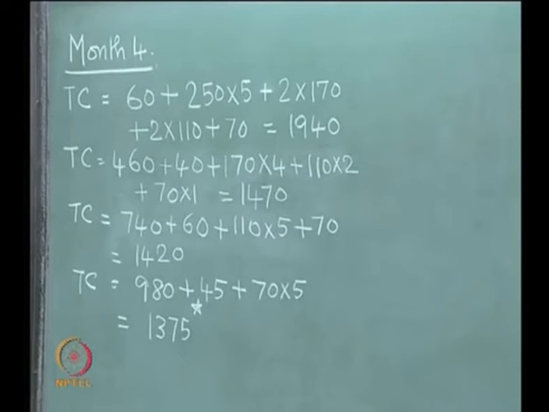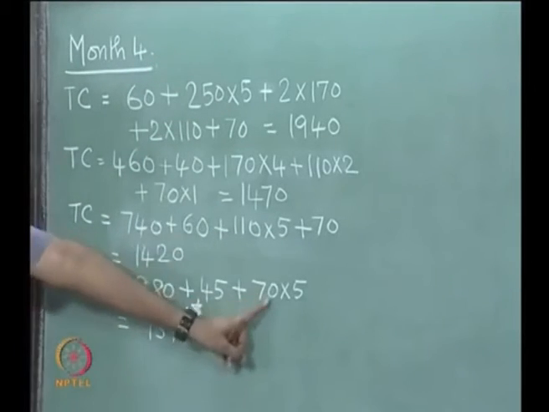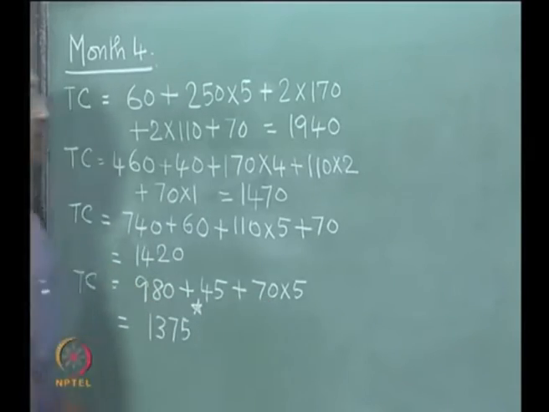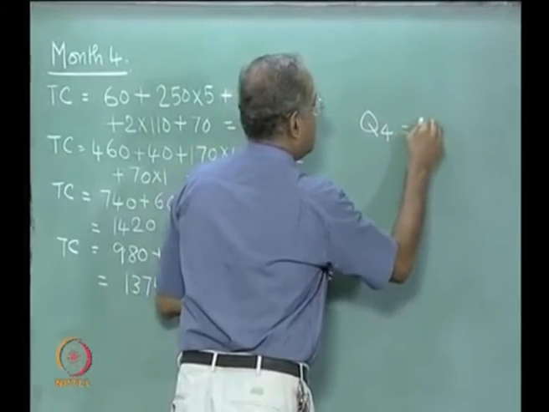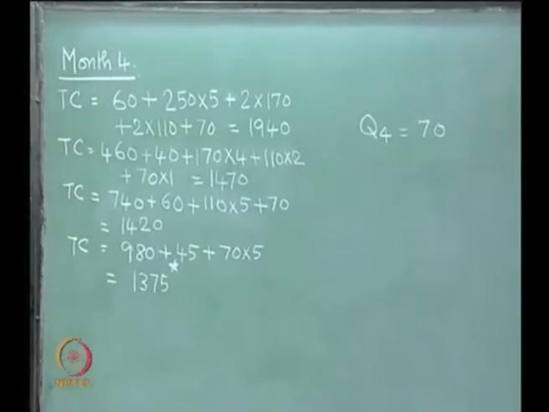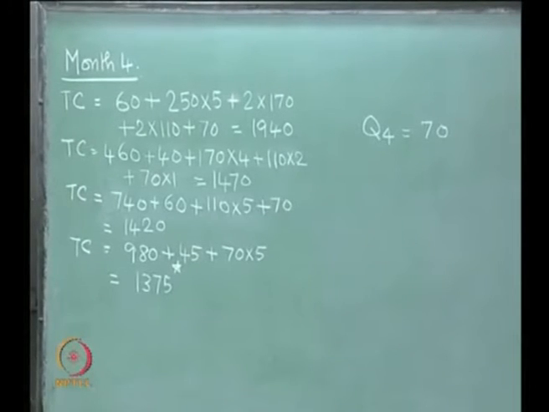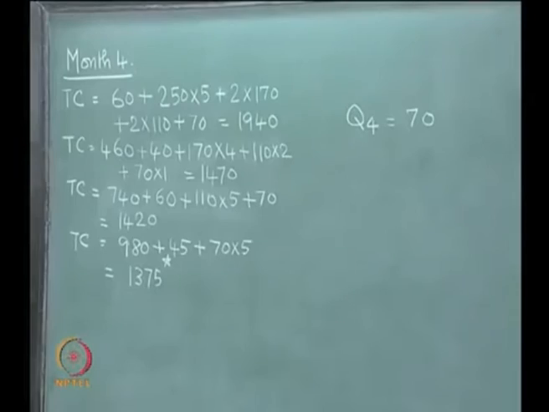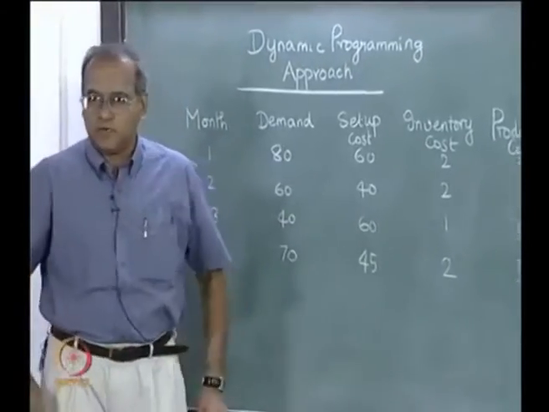What are the production quantities? Now, the production quantity here in the fourth one is 70. So, we will now say Q4 is equal to 70. When Q4 is 70, it means we are producing 70 here, which means we have used up to the third period, we have used the optimal solution.